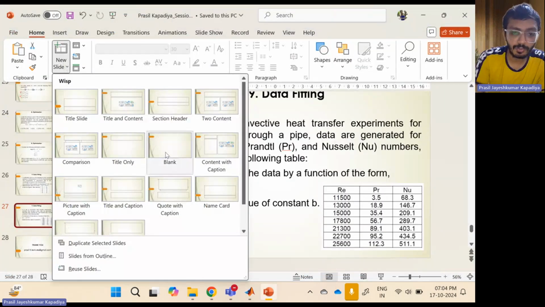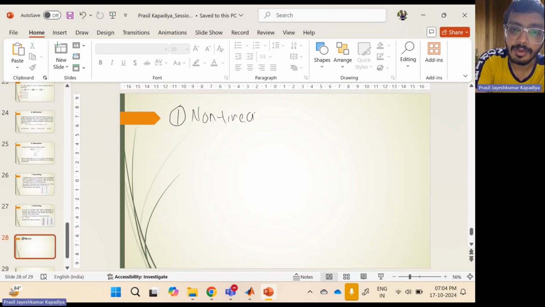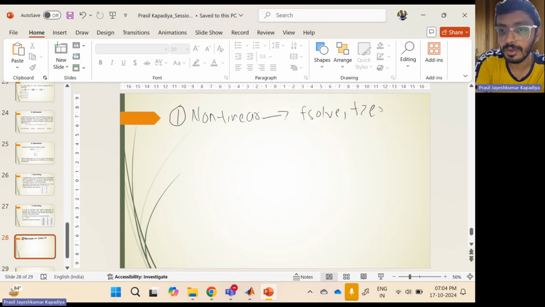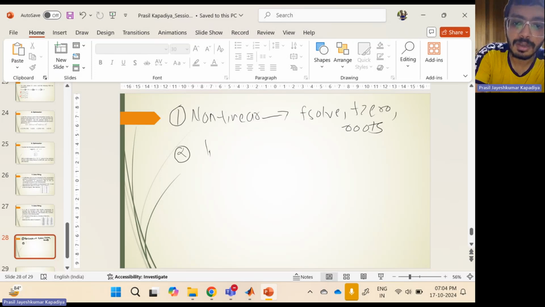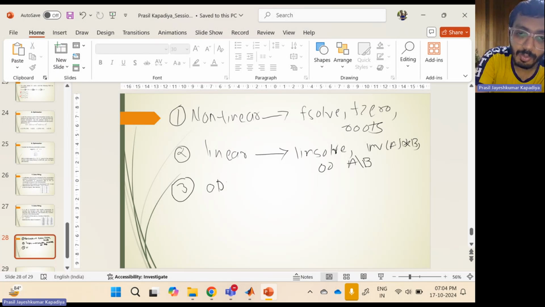So let's have one overview. First we solved nonlinear equations, and for that we used fsolve, fzero, and roots inbuilt command. Then further we solved linear equations, and for that we used linsolve command or inverse of A into B or A backslash B. Further, we solved ODE, ordinary differential equation, initial value problems.